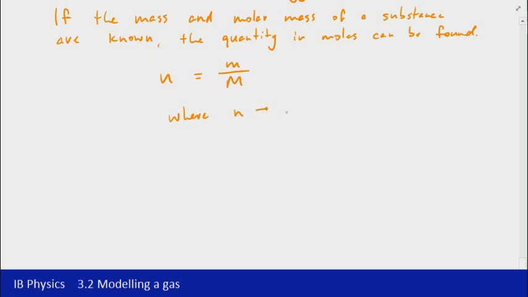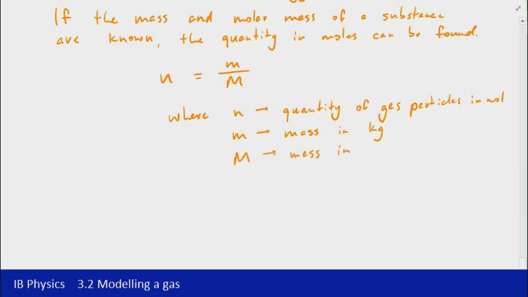So N is the quantity in moles, and so here it's quantity of gas particles, so it's not the atoms, it's the particles of the gas, measured in moles. M is the mass in kilograms. And we should express then the molar mass in kilograms per mole.